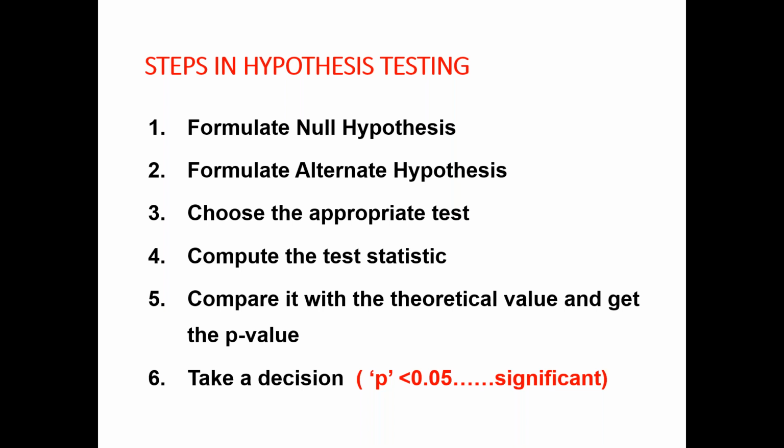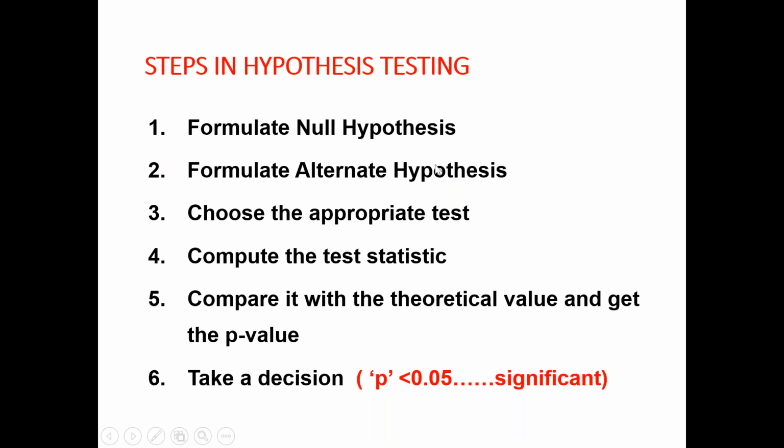And on the other side, I can say, as an example, anemia is more prevalent among girls as compared to boys. Okay. If I start like this, I'm already having that notion, the perception that girls are already very highly anemic as compared to boys. So that means there is no similarity. So then it is an alternate hypothesis. If I say there is no difference in the prevalence of anemia between boys and girls in the population, I'm assuming that similarity. Then it is a null hypothesis. Like that. Okay. So I frame the null hypothesis.